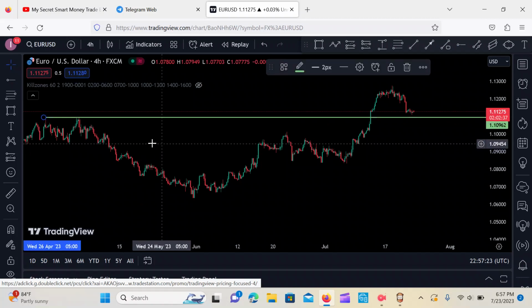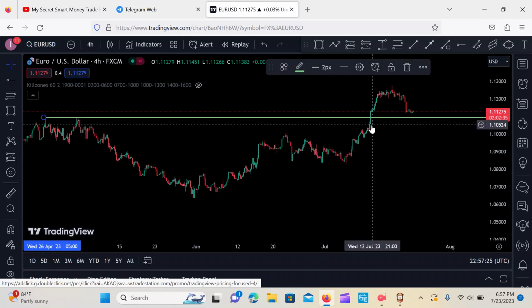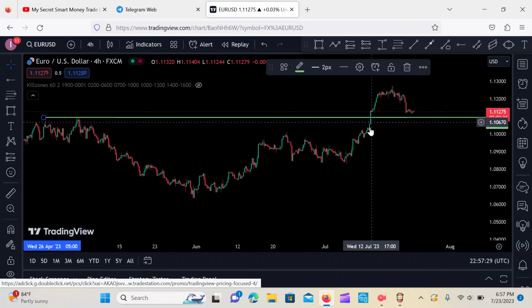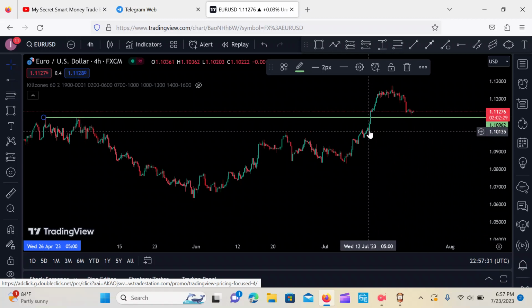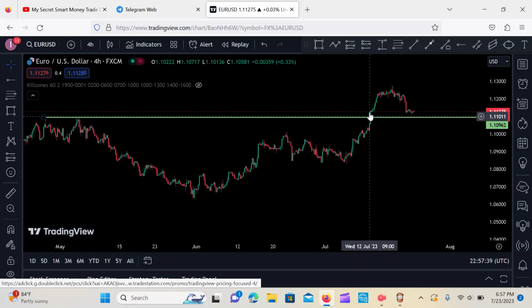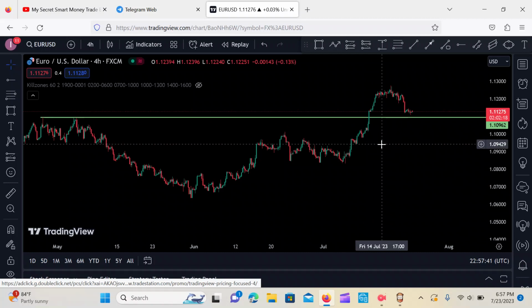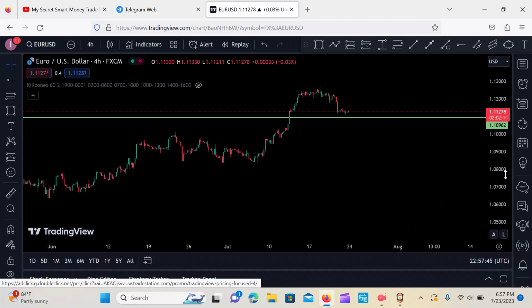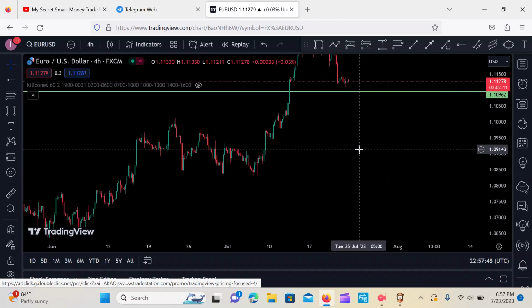This was the high I'm talking about, and price broke the high with a very strong bullish candle. Anytime we have this kind of volatile candle, I told you in my previous video, this is an inefficiency. There's a candle that generated that inefficiency, which is called an order block.